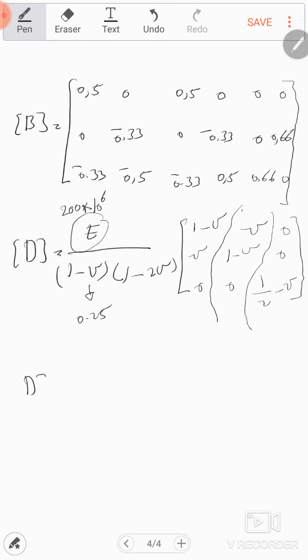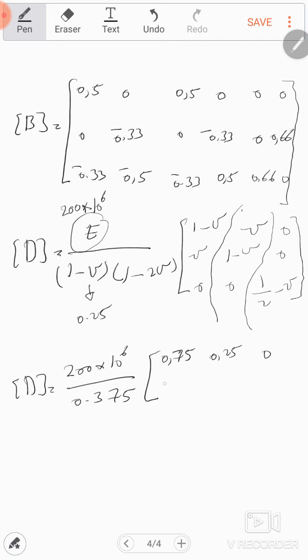It will be like this. This is the final value of the D matrix.